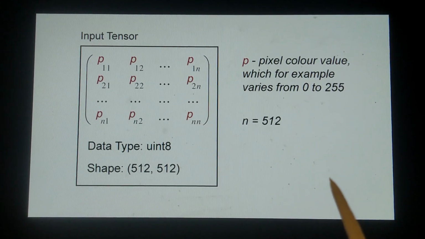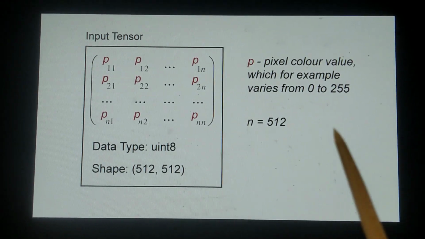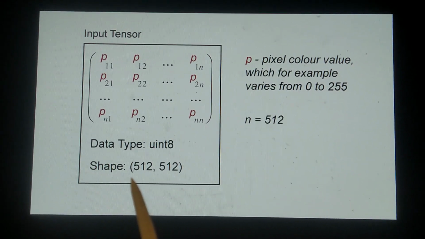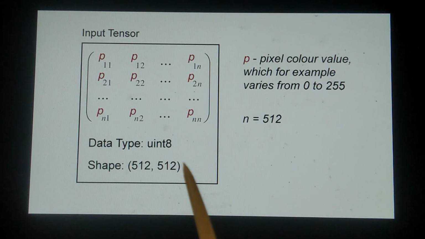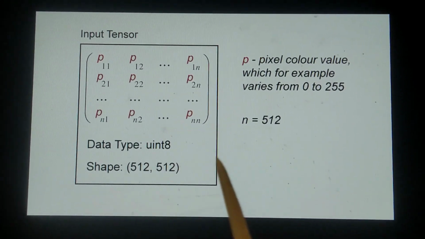The metadata would specify that the tensor contains a static 512 by 512 matrix with, say, uint8 data type.